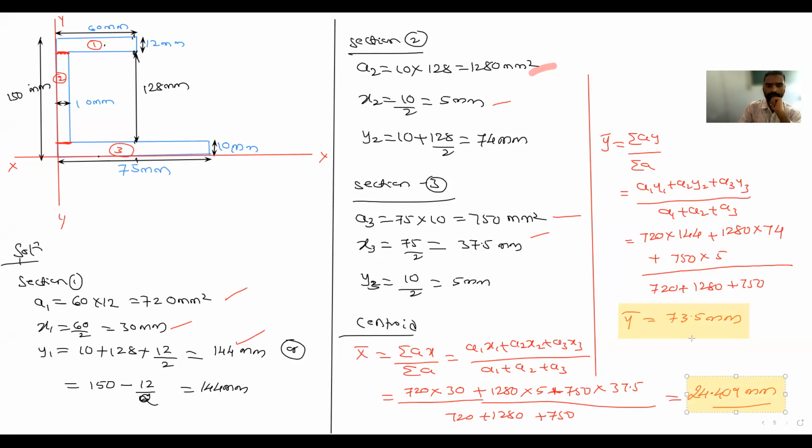Tell me. If you have any doubt, you can ask me. If you don't have any doubt, you can write down now. Sir, my X bar answer is 20.409.